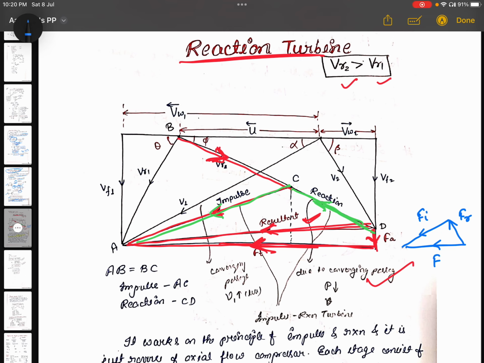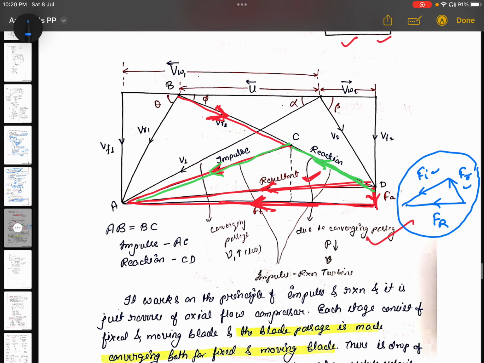Sorry, we are getting the resultant force with the help of the sum of reaction force and impulse force. So we'll try to sum up some of the points here. AB is equal to BC. AB is the impulse and CD is equal to reaction.